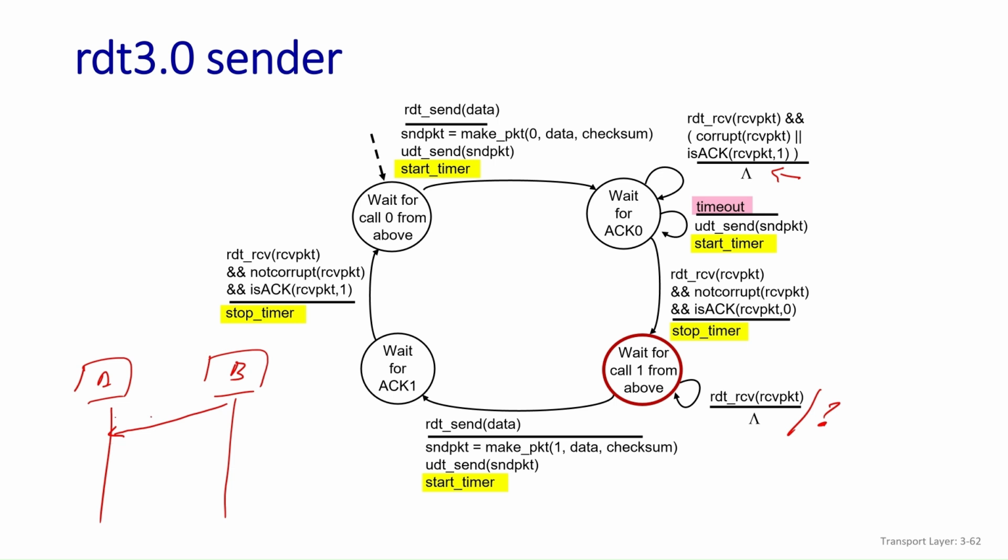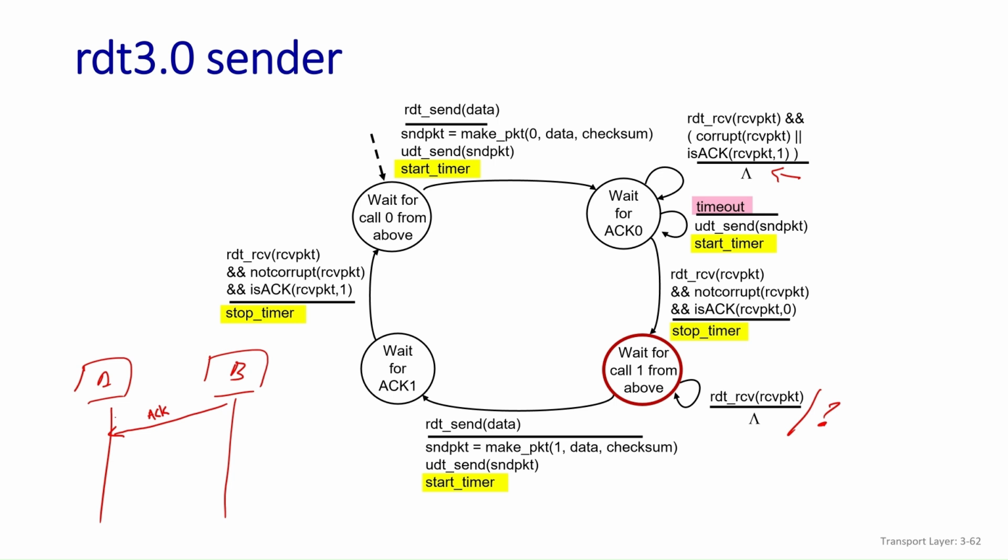So we have received a packet, and this packet will obviously be what? Acknowledgement. It will be acknowledgement, but this is such an acknowledgement on receiving which we are not taking any action.